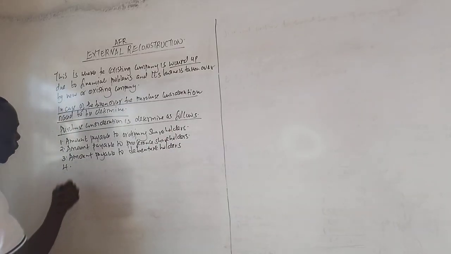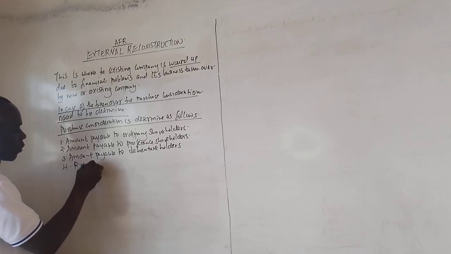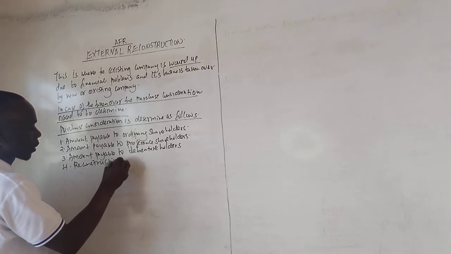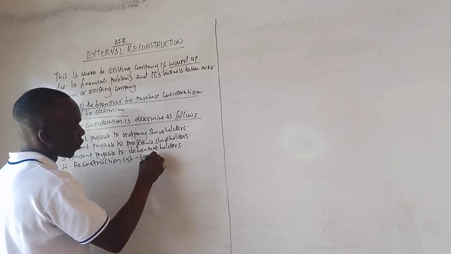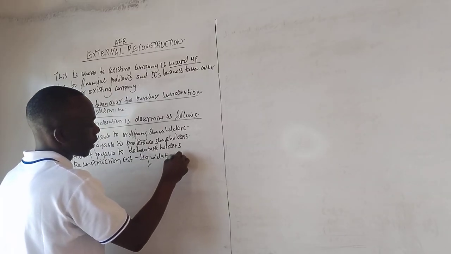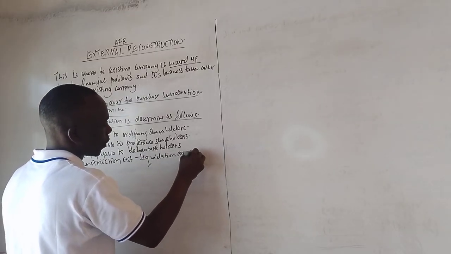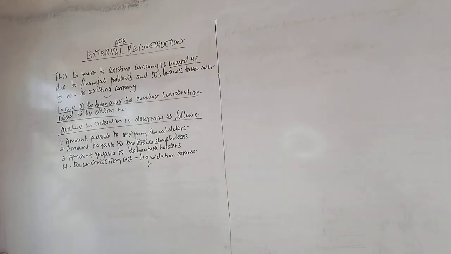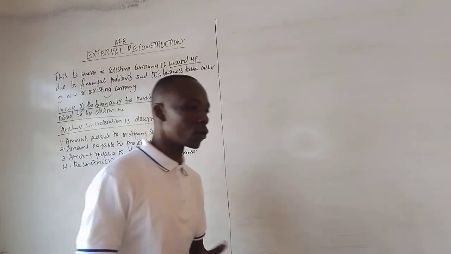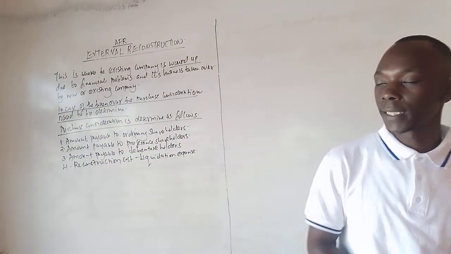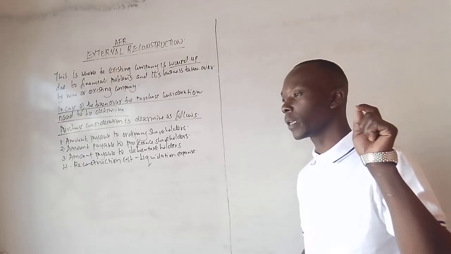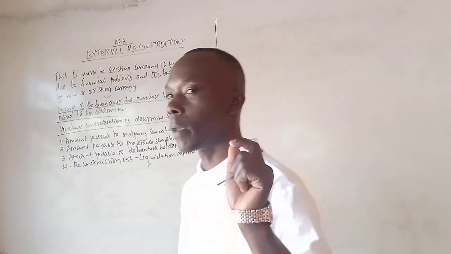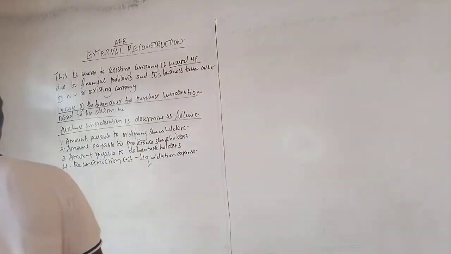And also we can talk about the reconstruction cost, or what we call the liquidation expense. This reconstruction cost is treated as a preliminary expense, and this preliminary expense should be capitalized.